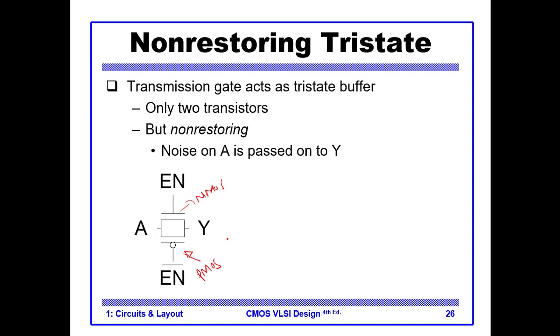When enable is 0, the above transistor will be on, and when it is 1, this one will be on. So you can pass the signal in both cases.